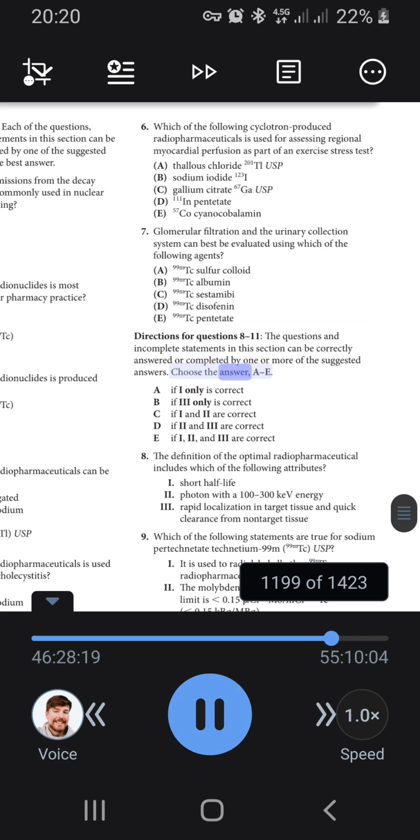Choose the answer. A if I only is correct. B if III only is correct. C if I and II are correct. D if II and III are correct. E if I, II, and III are correct.